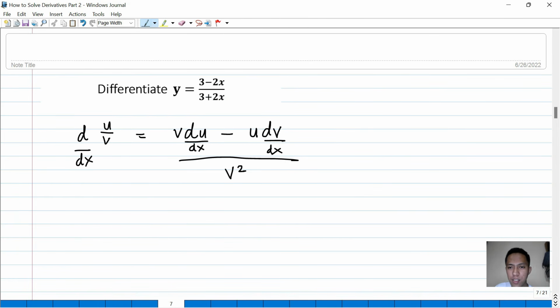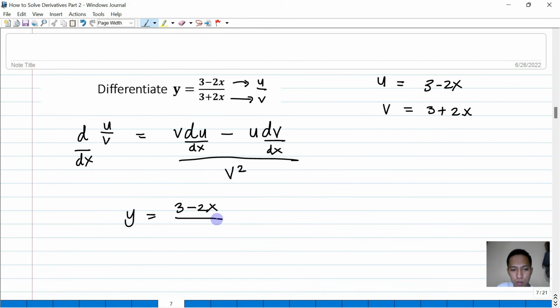So ang u natin is eto. Eto si u and eto si v. Yan. U is 3 minus 2x and v is 3 plus 2x. Okay? So we have here y is equal to (3 minus 2x) all over (3 plus 2x). So, nangyari guys, we have this y prime, okay, is equal to, copy the denominator.